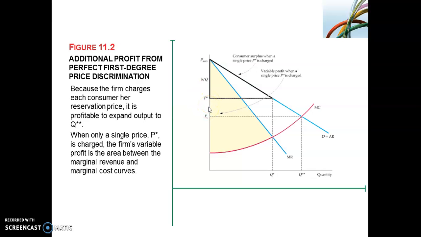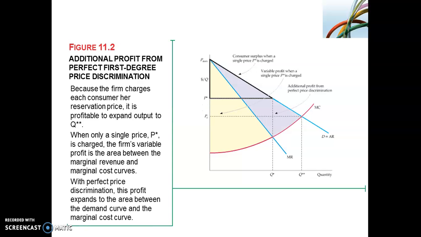Now let's see what would occur if the firm could apply perfect price discrimination. To apply perfect price discrimination, each and every customer is charged their reservation price, right? Now there is this extra profit earned because of that perfect first degree price discrimination, and it's given by this purple area. So this is the additional profit from perfect price discrimination.